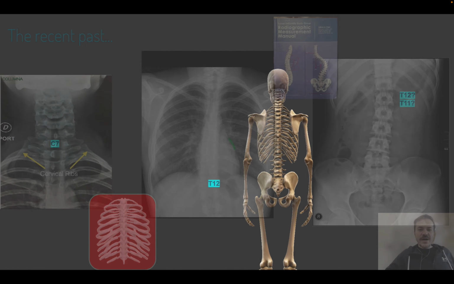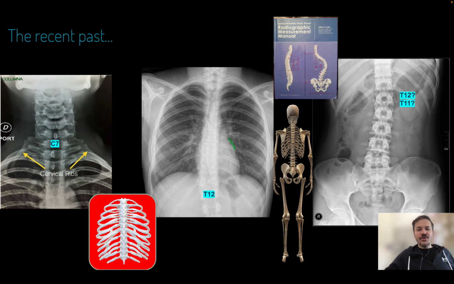So why didn't we know this before? Actually, we have had whole spine images for only maybe the last 20 to 30 years. Before that, we had cervical X-ray, thoracic X-ray, or lumbar X-ray separately, or even MRI of only the lumbar part.